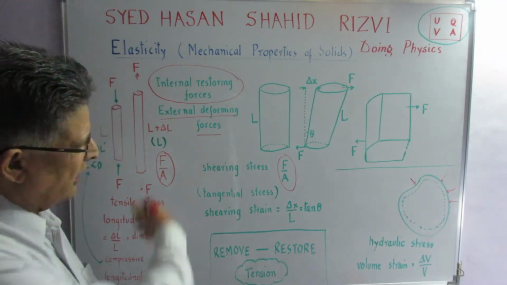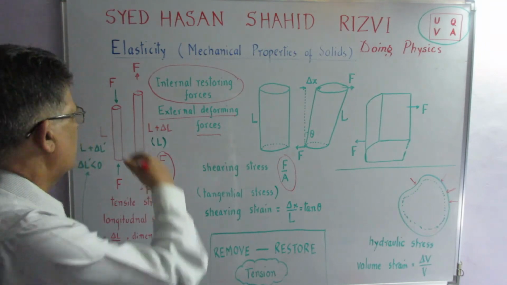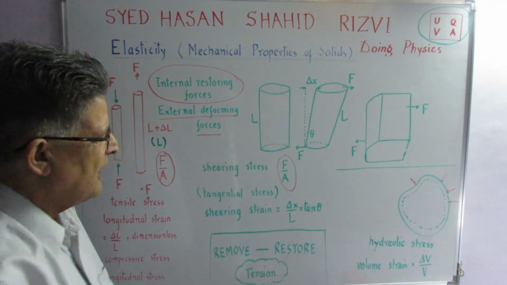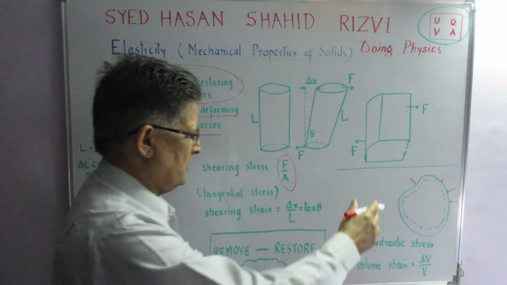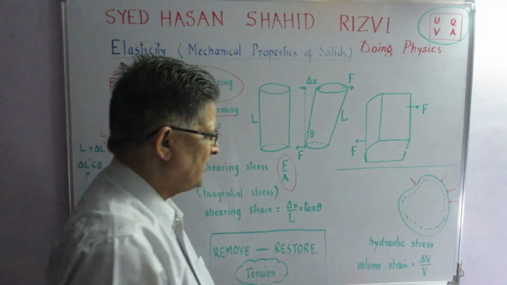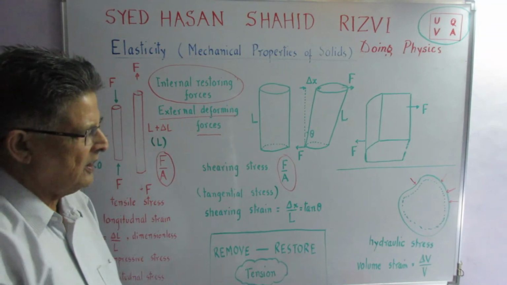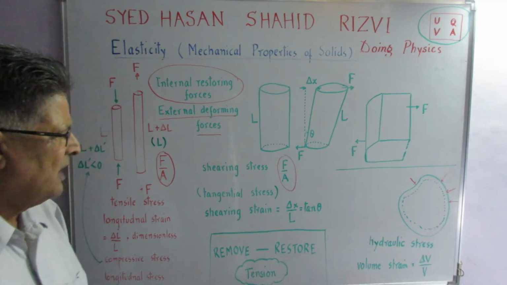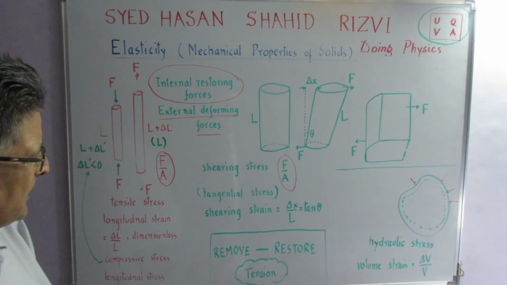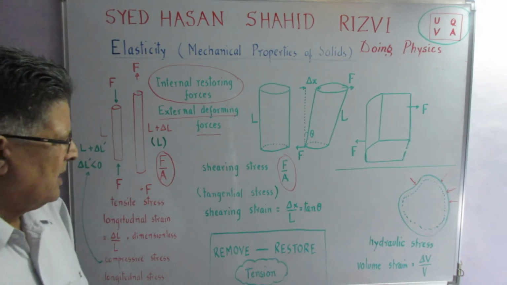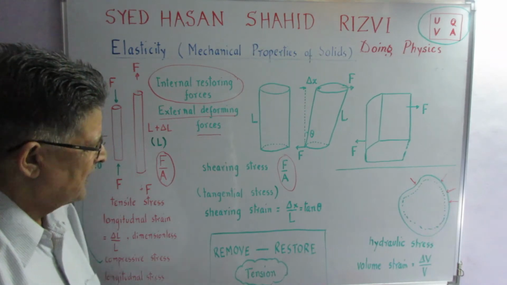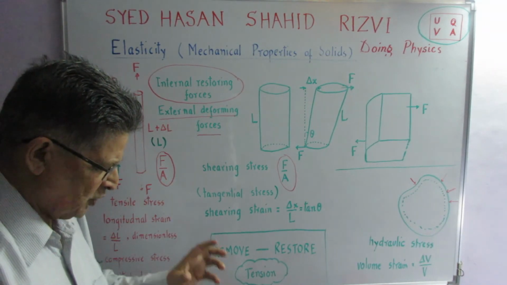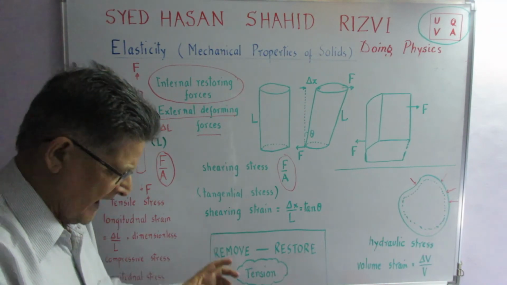Now, in all these cases, in the case of tensile, or shearing, or this bulk case where there is hydraulic pressure, we have certain constants which we will discuss shortly. But the thing is, you apply the forces so that the body becomes tense.